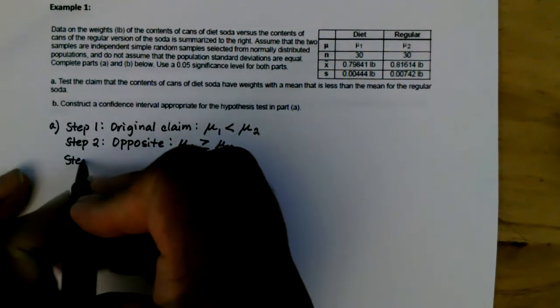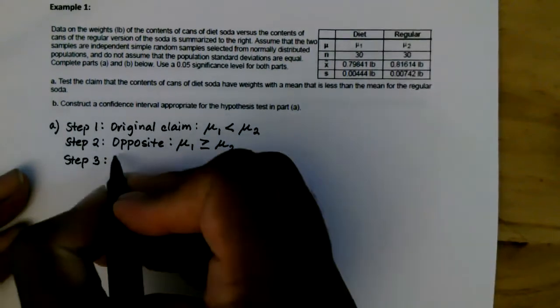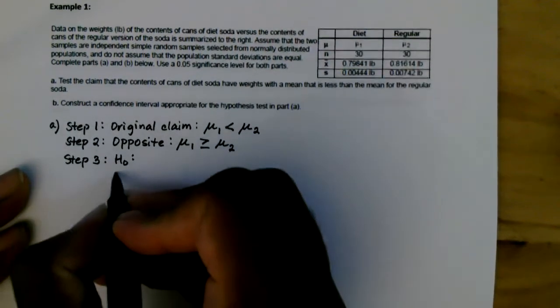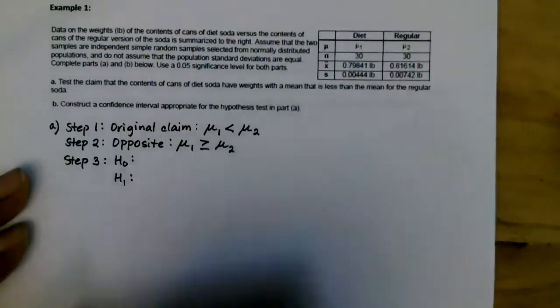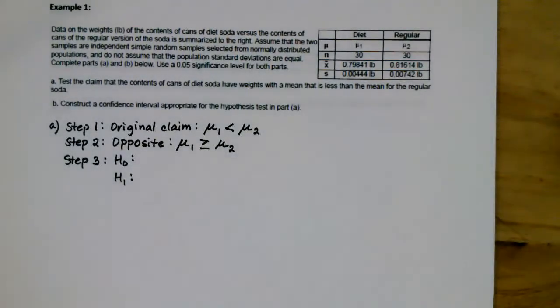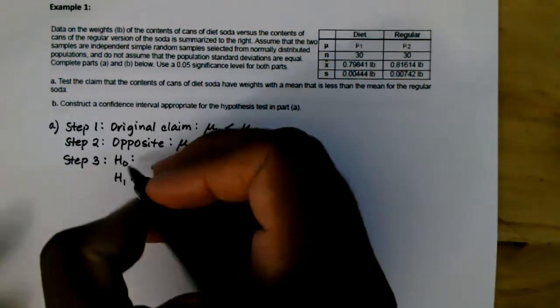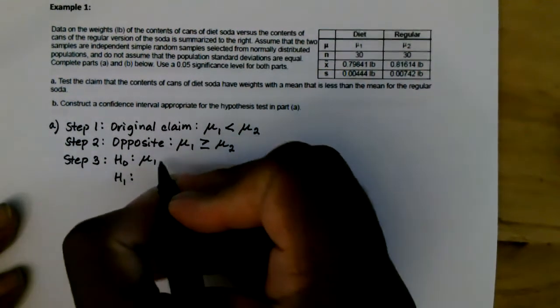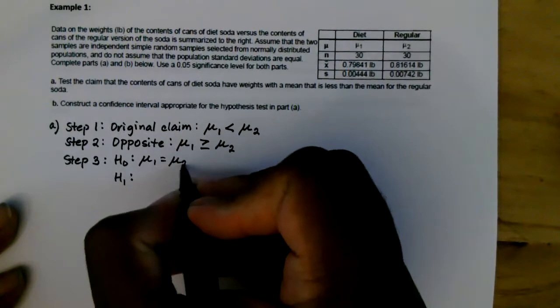And then step number 3 is writing our null and alternative hypotheses. The null hypothesis has the equal sign in it, so that means it would be mu sub 1 equal to mu sub 2.